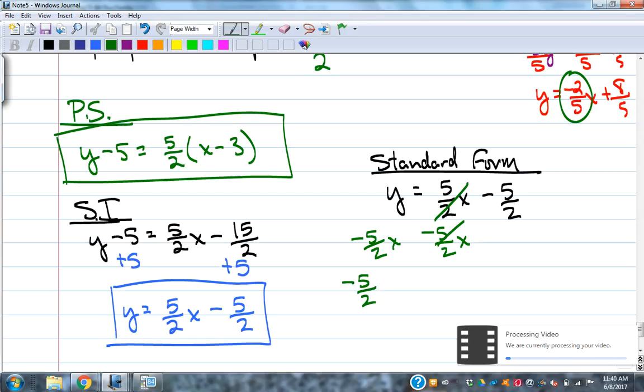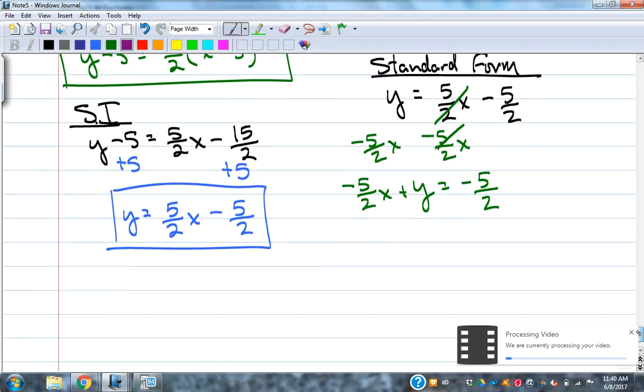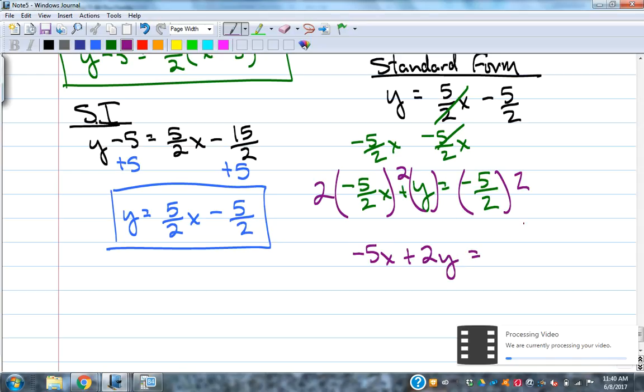Negative 5 over 2x plus y equals negative 5 over 2. And then what do I multiply by to get rid of the fractions? Multiply everybody by 2. That's pretty easy to do. That's negative 5x plus 2y is equal to negative 5. And there's standard form for a perpendicular line.